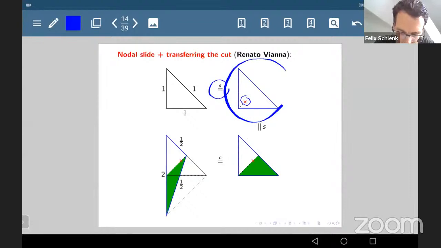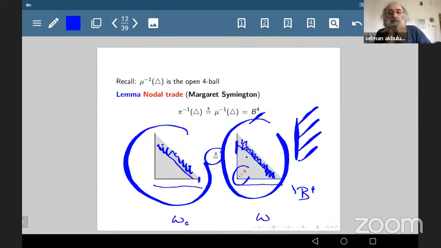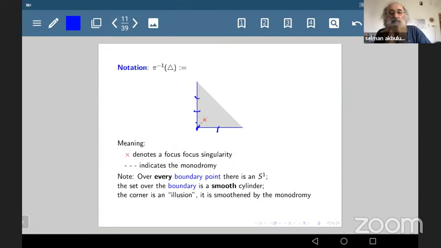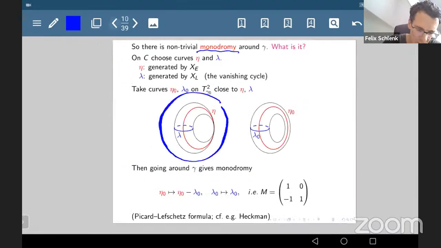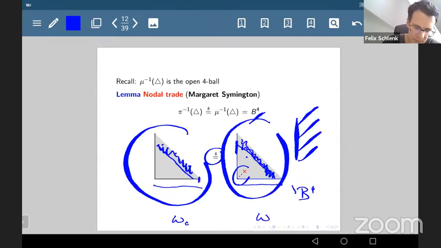But then you see here the cylinder. The cylinder over the blue two lines is now also attached. So now this is something else.